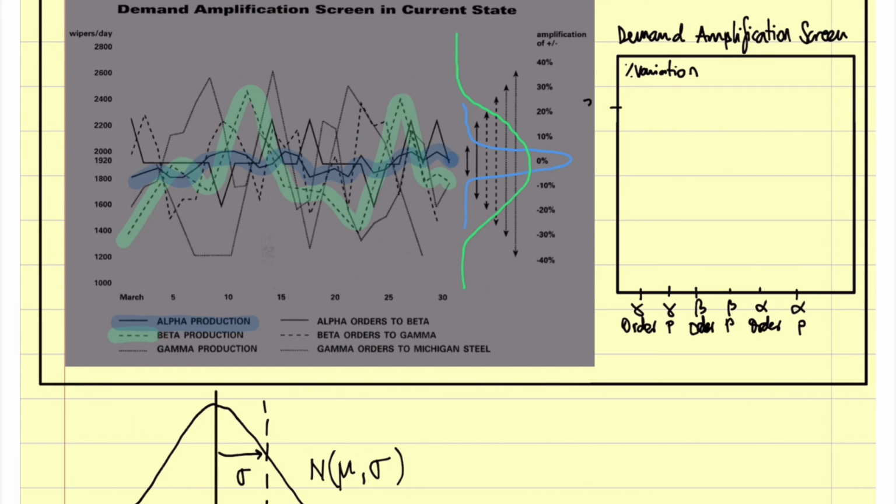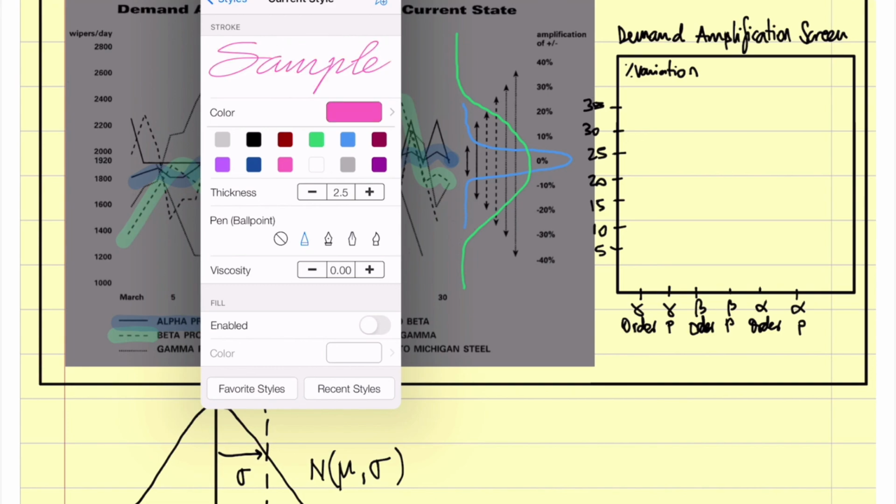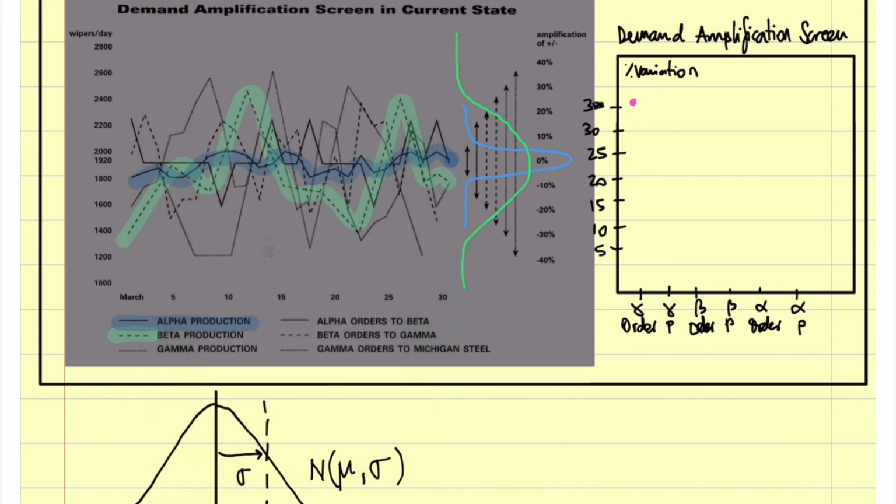If we represent that in just one screen, we can say our demand amplification at gamma order is, I don't know, over 35.